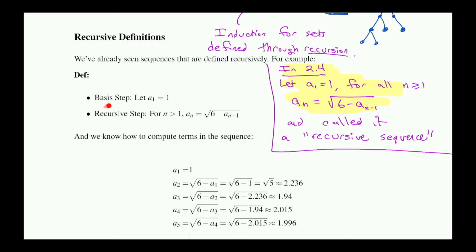So the basis step is a1 equals 1, and the recursive step is for n greater than 1, a_n is this. For n greater than 1, a_n follows this formula, right? And the only thing that you need to really get across here is that we're calling this the basis step, and we're calling this the recursive step.